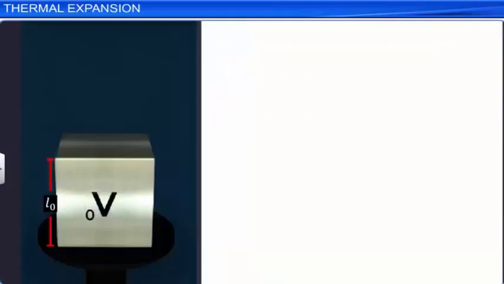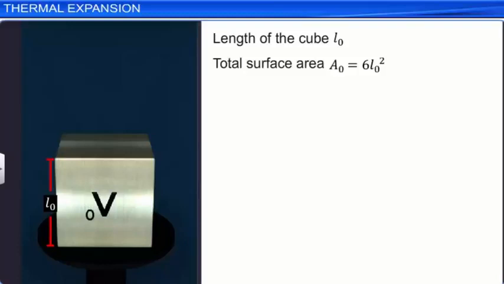Let's prove the identity by considering a cube of length L naught. Its total surface area A naught is equal to 6 L naught square, and its volume V naught is equal to L naught cube.